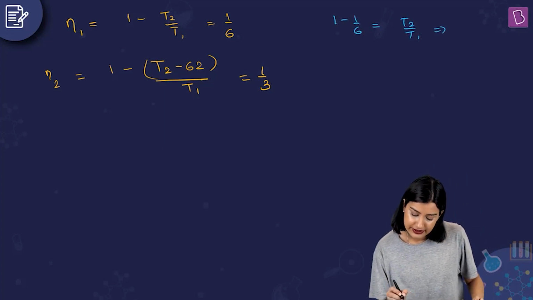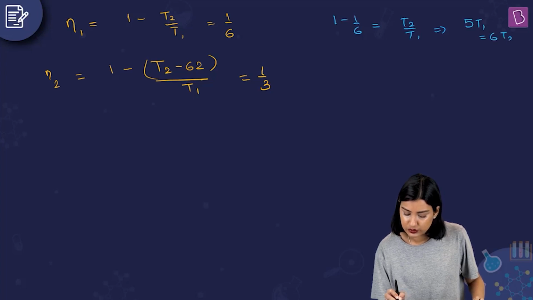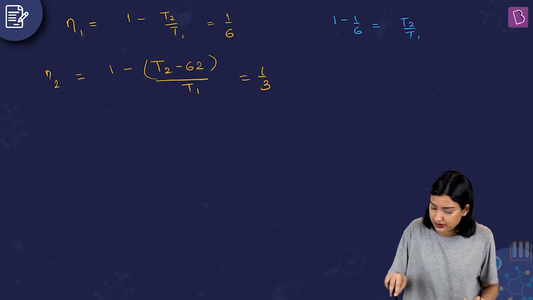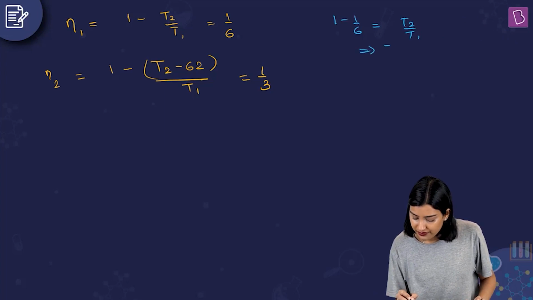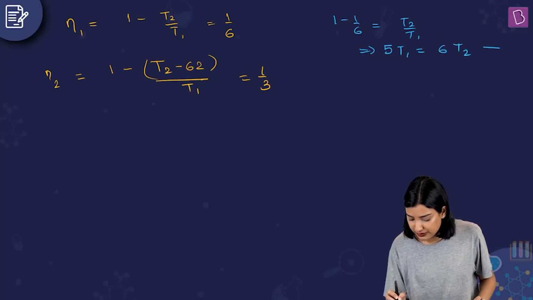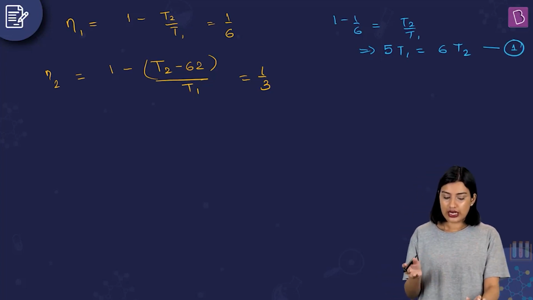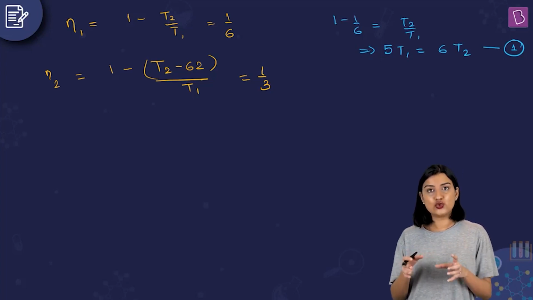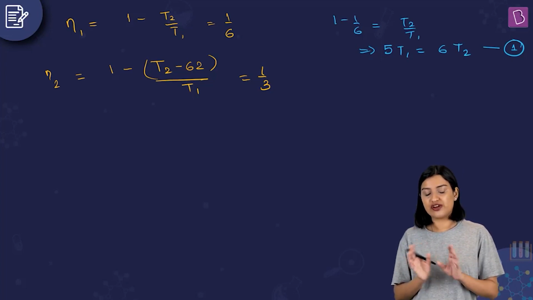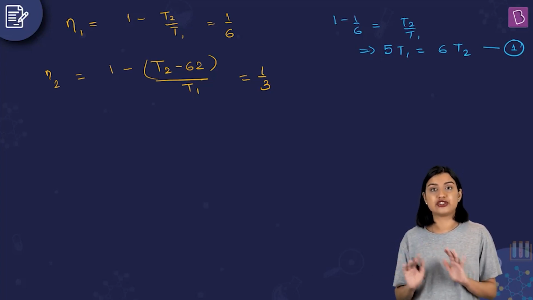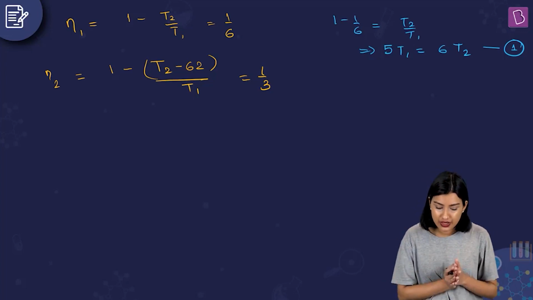Or I can write it as 5T1 is equal to 6T2, and this will be my equation 1. Cool. Now, let's sort out this eta 2, and then we'll find the corresponding relation. We'll combine equations 1 and 2 to get our temperatures.